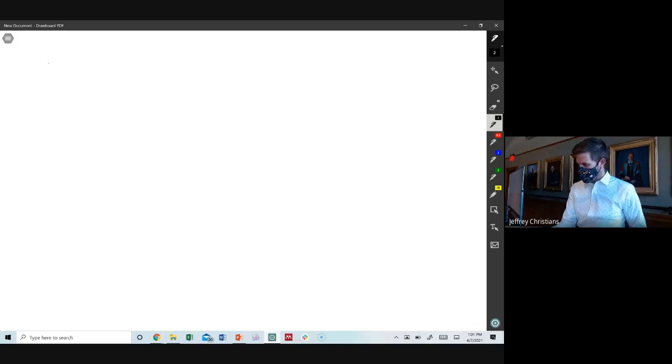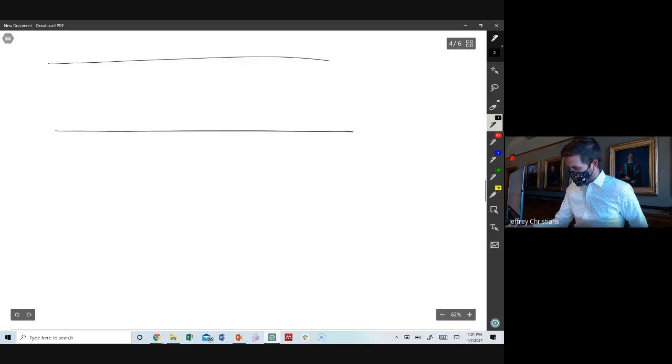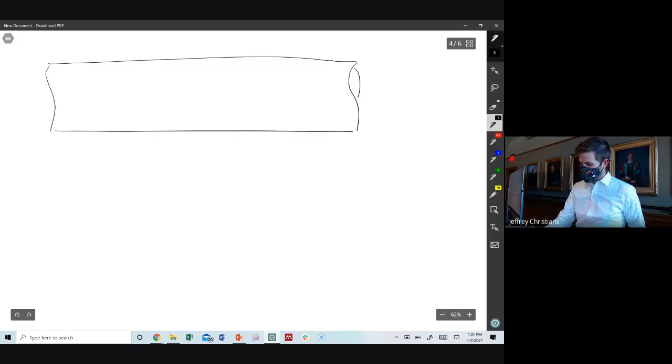So we had, say, a pipe like this. Again, at this point, we're just talking about flow inside of an object, internal flow.